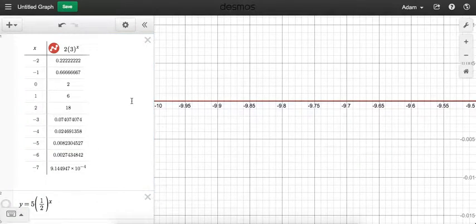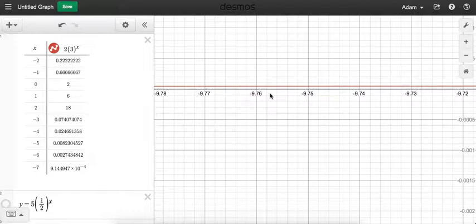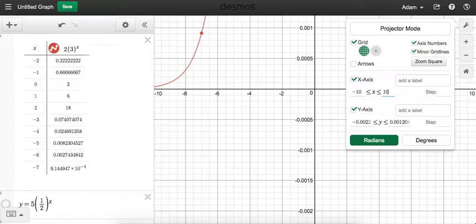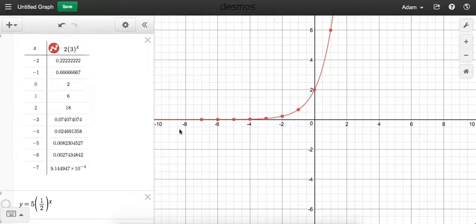Okay, again, it sort of looks like we're touching, but if I zoom in, we're just above. And so nowhere on this will we ever actually touch 0. Let me go back to a normal screen here. I'll make my y-axis go from -7 to 7. There we are. So we never actually touch the x-axis, so that means we have something called an asymptote.